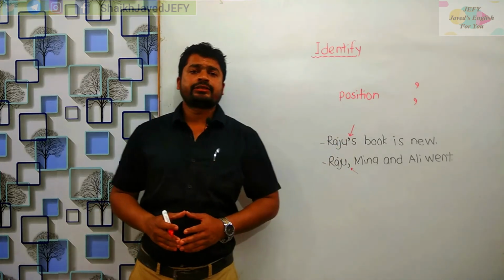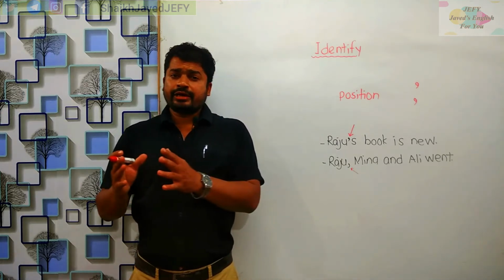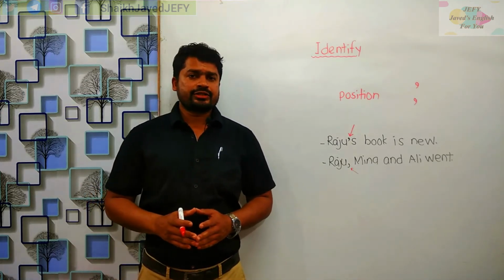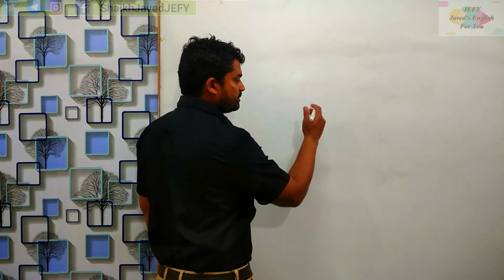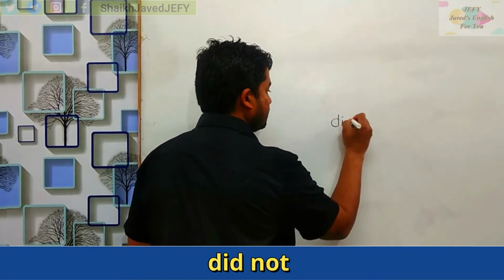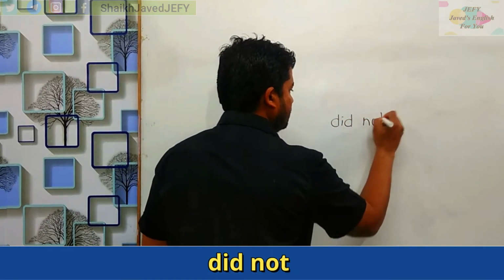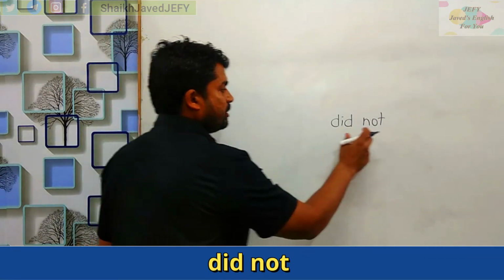Apostrophe is important as far as you are learning contractions, because using apostrophe we make contractions. Let me show you. So when you want to make a contraction, you just need to skip some of the letters. For example, here you have a pair of words, "did not."